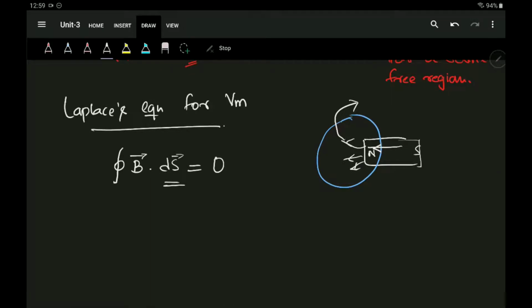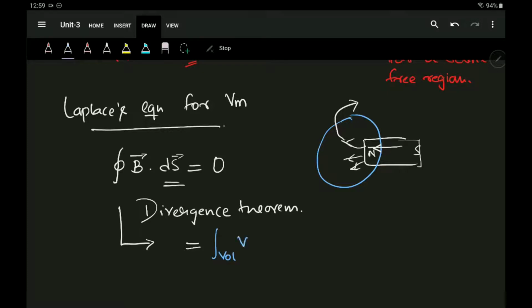Using this, I apply the divergence theorem. When I apply the divergence theorem to the above equation, I get the volume integral of the divergence of B times dV.